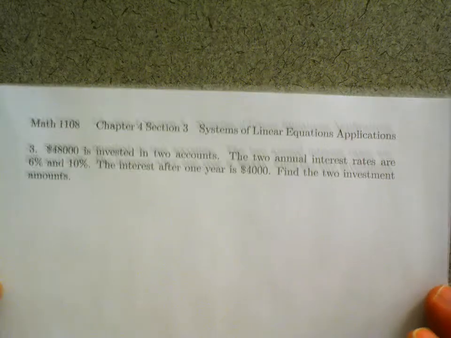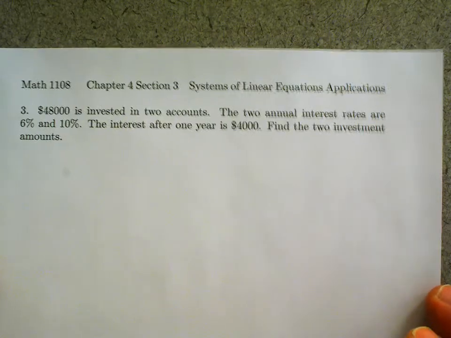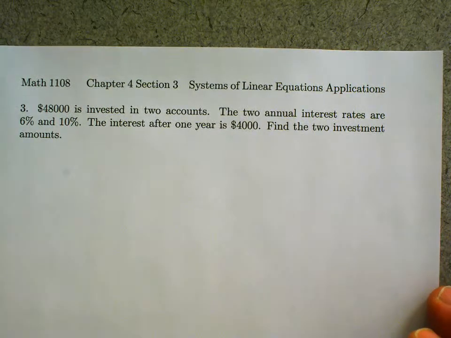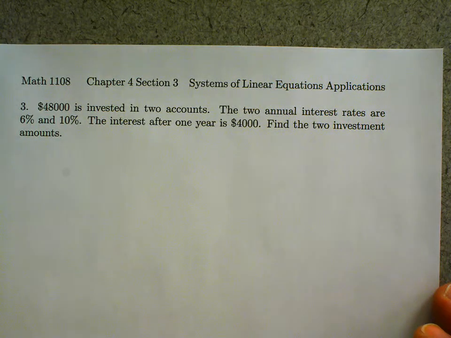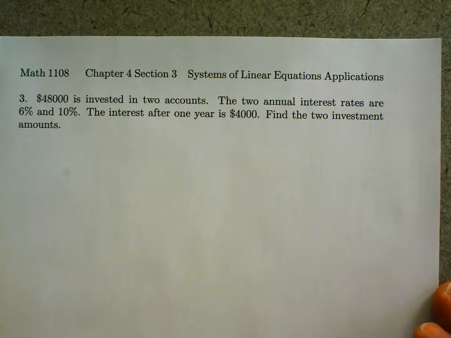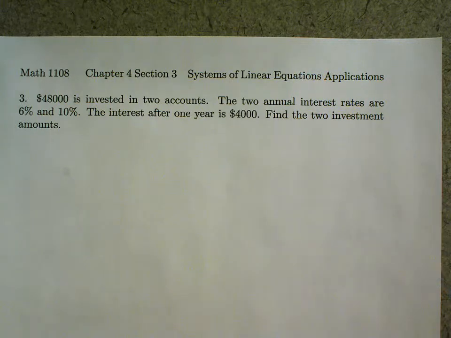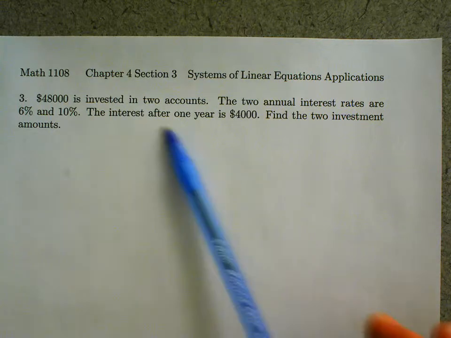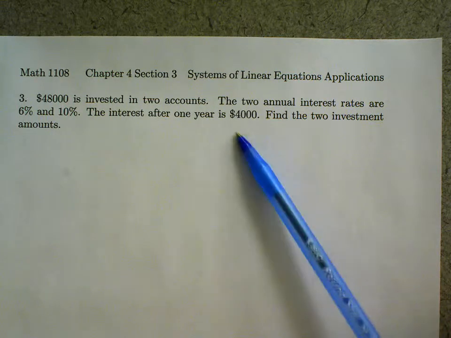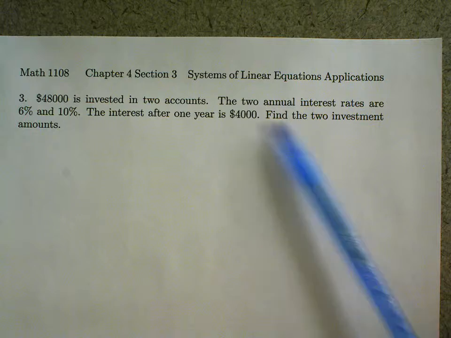Okay, this one is another interest or investment problem. This one says $48,000 is invested in 2 accounts. The 2 annual interest rates are 6% and 10%. The interest after 1 year is $4,000.